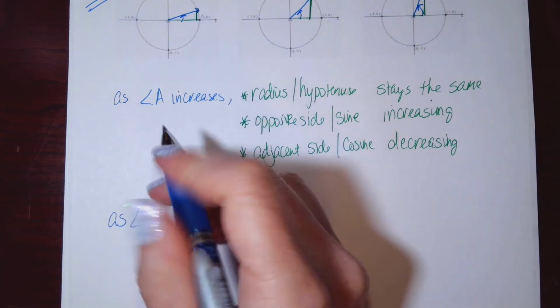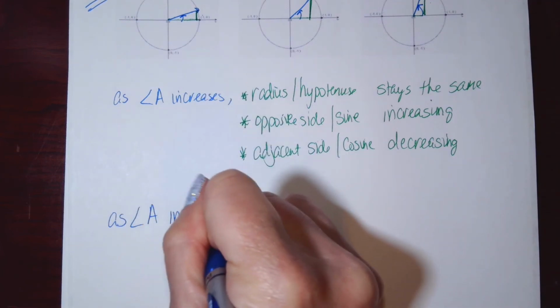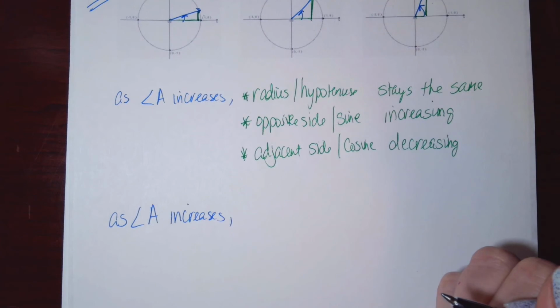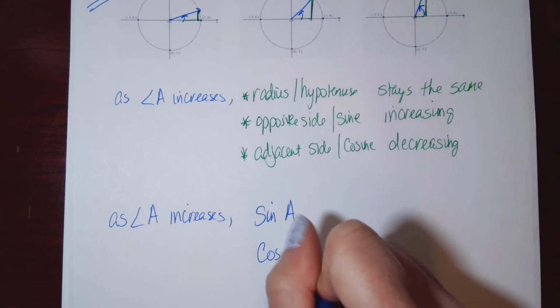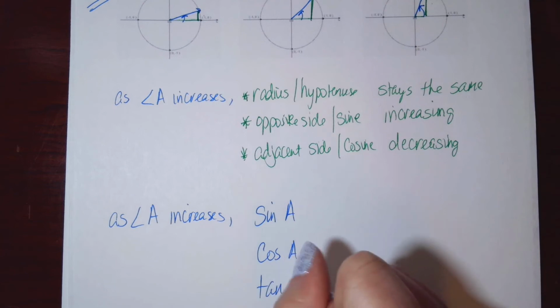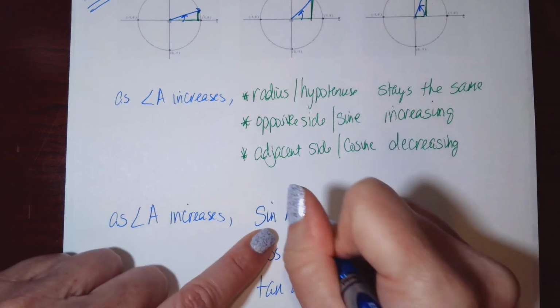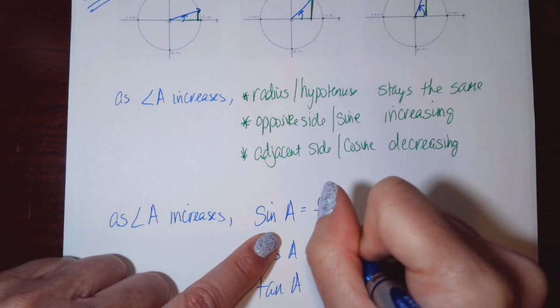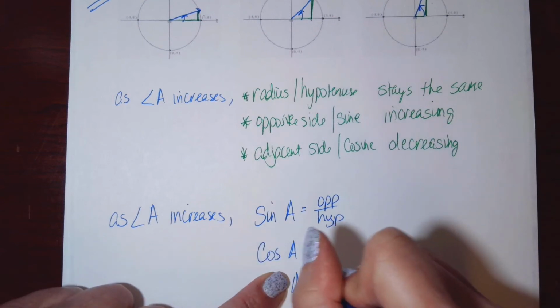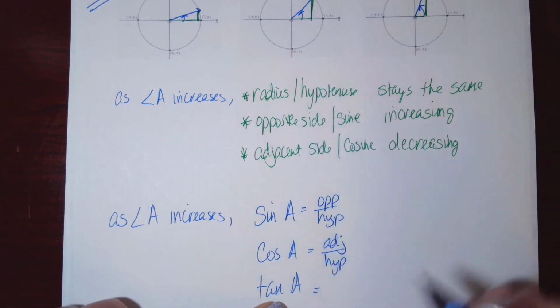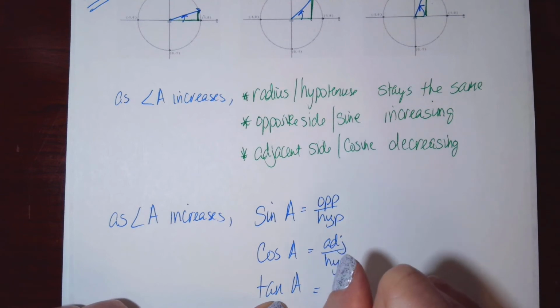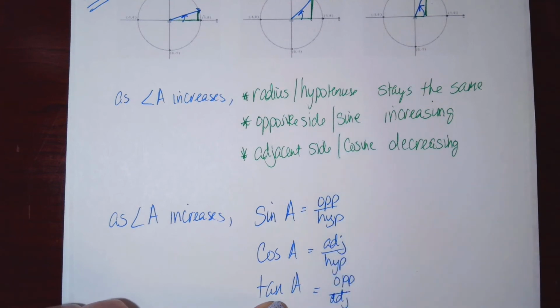So as angle A increases through quadrant 1, we're going to be looking at sine A, cosine A, and tangent A. Now sine A is opposite over hypotenuse, cosine A is adjacent over hypotenuse, and tangent is opposite over adjacent.